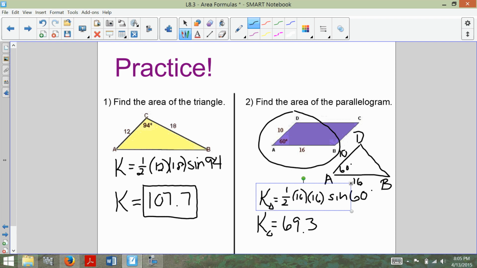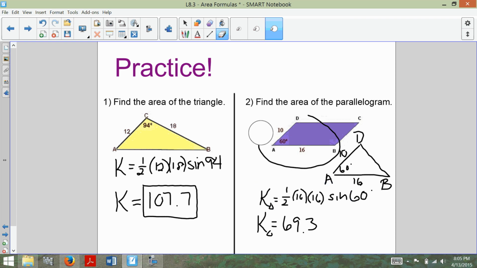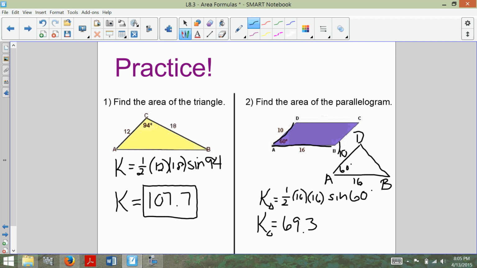But if we're looking at the picture here, we can see the relationship between the triangle and the parallelogram. What we just found was the area of this triangle, and the rest of the parallelogram is another triangle that's perfectly identical to the first one. So if I just double the area of that triangle, then I'll have the area of the parallelogram.